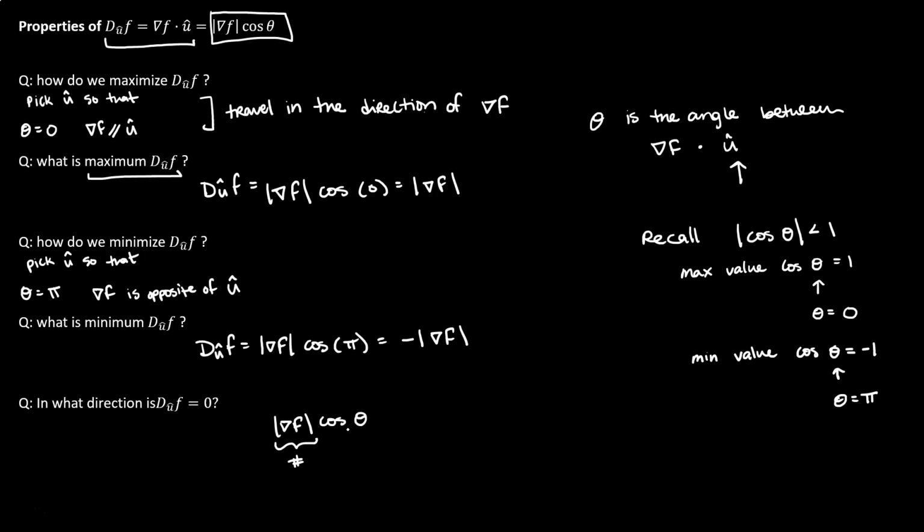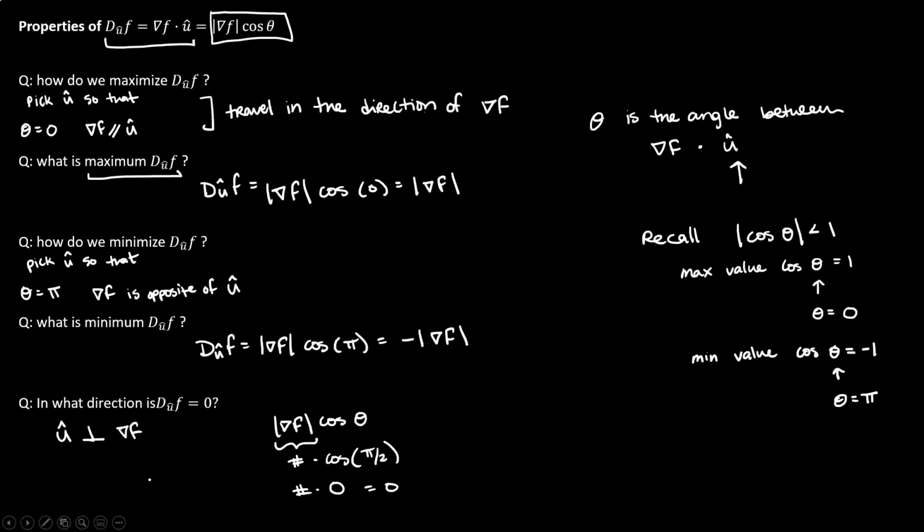And we can make cosine theta equal to 0 if we pick u hat so that it's perpendicular to the gradient vector, because cosine at pi over 2 is equal to 0, and 0 times a number is equal to 0. So the directional derivative is equal to 0 in the direction u hat, where u hat is perpendicular to our gradient vector.